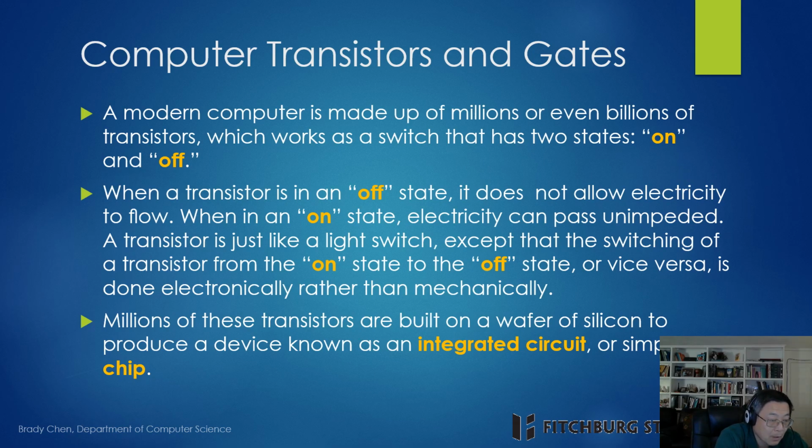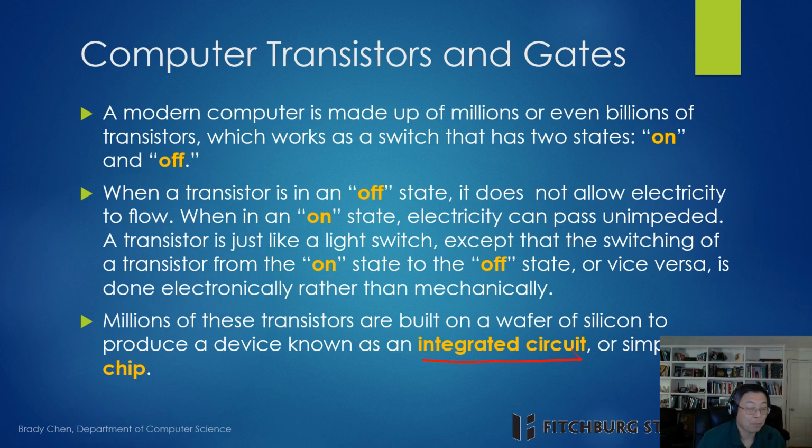Millions of these transistors are built on the wafer or silicon component to produce a device called an integrated circuit, or sometimes we just call it a chip. A chip can be so small that it fits in a cell phone, in your smartphone, in your laptop.